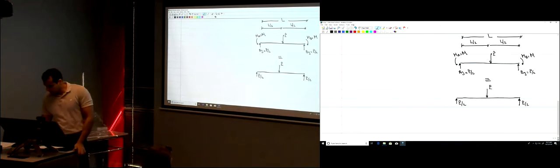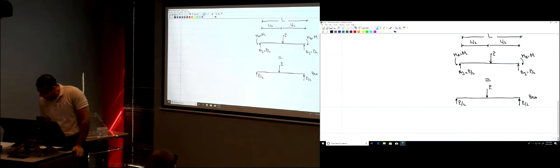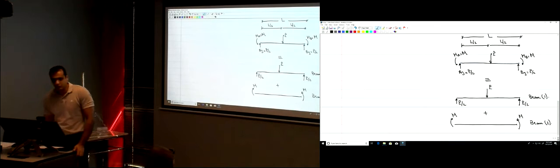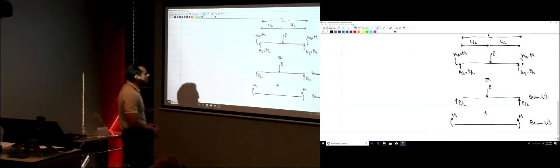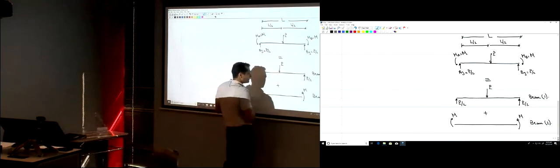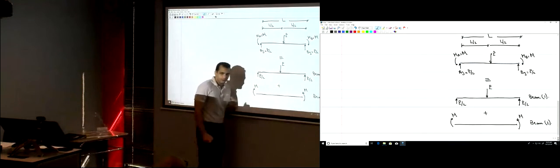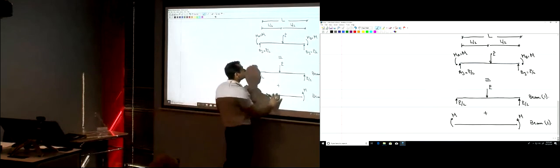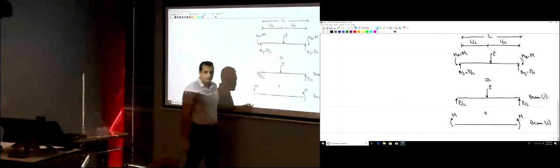Let's say, beam 1, plus this moment and this moment. When I break my beam into two different beams, each of them has to be in equilibrium. This beam is in equilibrium, and this beam also is in equilibrium. So if you add this loading and this loading, you just have everything here.